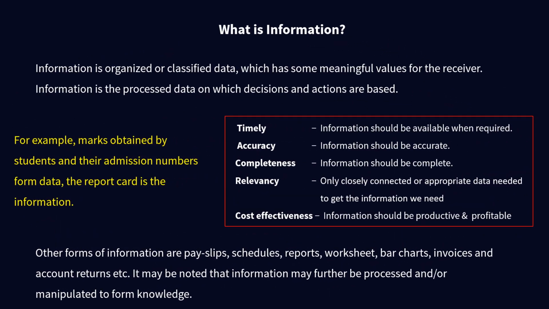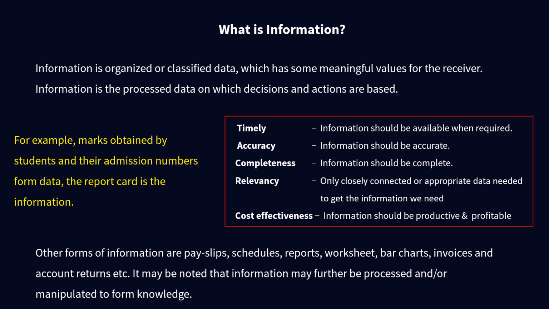Now, what is information? Simply, the information is processed data, which is meaningful, accurate, relevant, and timely. Most of the students get confused between the terms of data and information when they meet some complex example of data in the exam paper. Information is mostly like the knowledge.